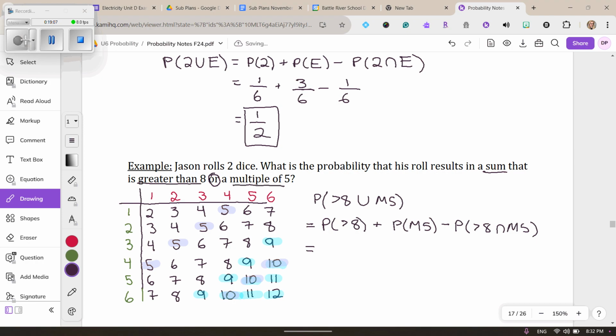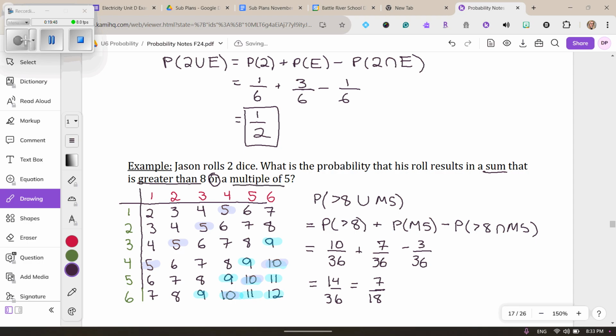So we had 4, 5, 6, 7, 8, 9, 10 that were greater than 8 out of 36. We had 7 that were multiples of 5. And then we need to subtract the 10s there, the 3 out of 36, because we accounted for them 2 times. So that gives me the answer of 14 out of 36, which would simplify to 7 out of 18.